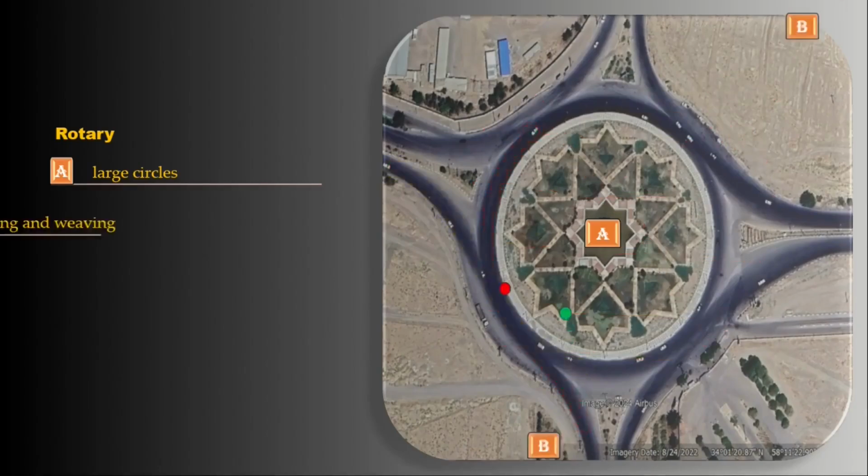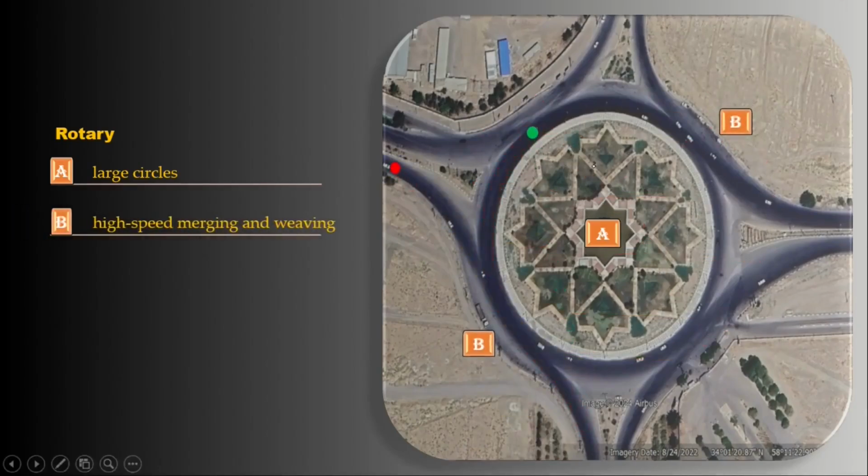All right, let's move on to the next distinguishing feature of rotaries. As we just mentioned, for some reasons, rotaries have got large circles. The larger this radius is, the higher speed the circulating traffic will adopt.